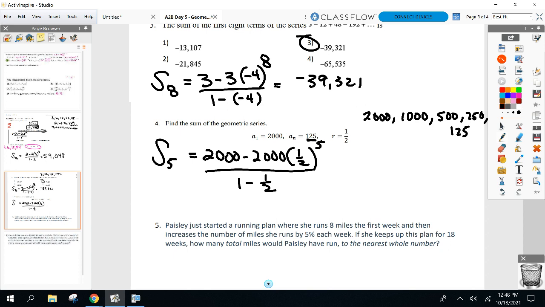Again, yes, I could use that other formula from yesterday, but I'm not stopping and reviewing logs. It's too much of a headache. Let's do it when we review for the Regents. Now you can find the sum of the first 5 terms.